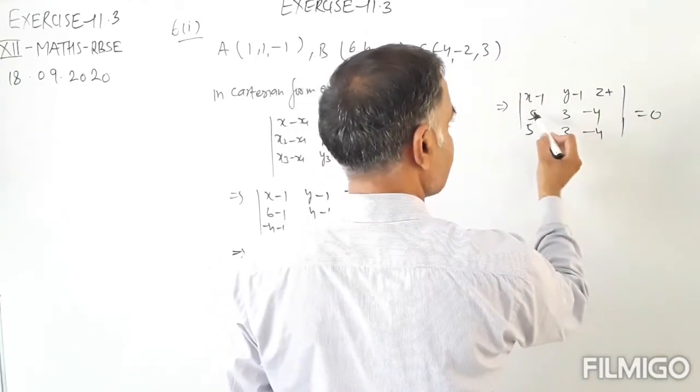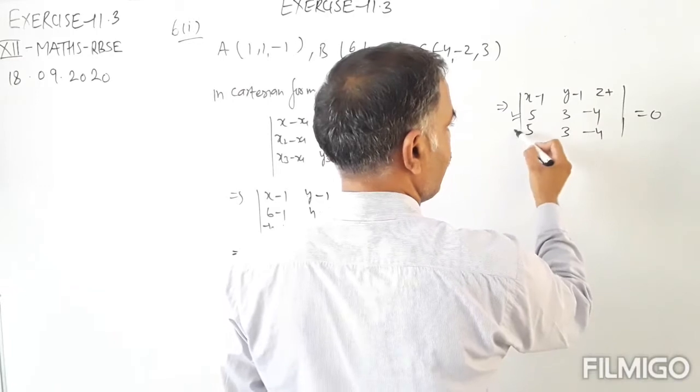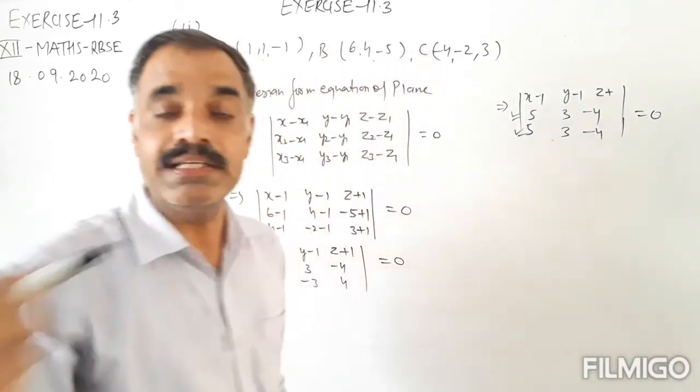Now we see that row number 2 and row number 3 are identical rows.